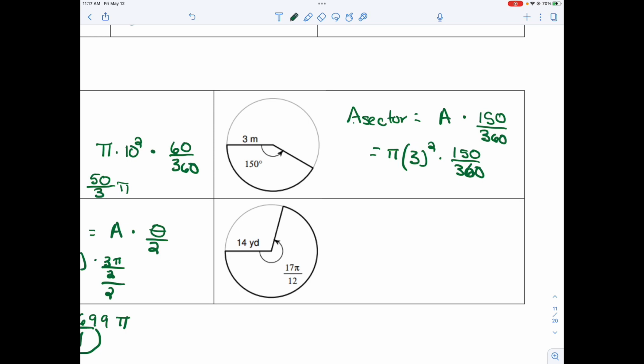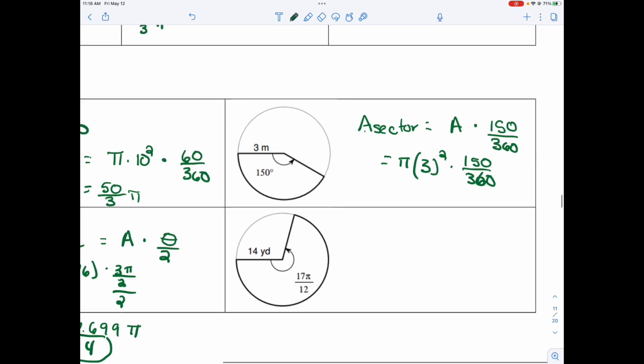I'm going to make it a decimal. So we have 150 divided by 360 times 9 pi. And I got 11.8. And that would be meters squared, because it's an area.